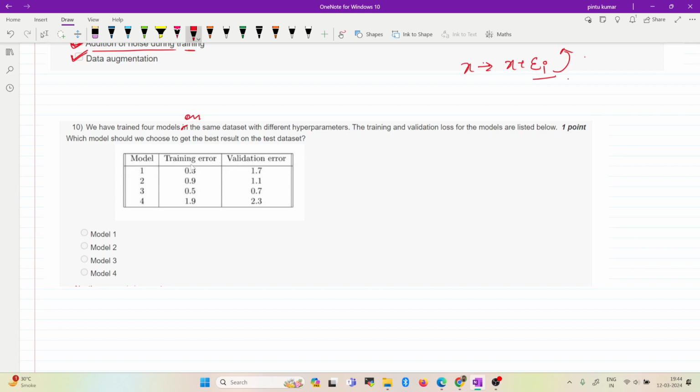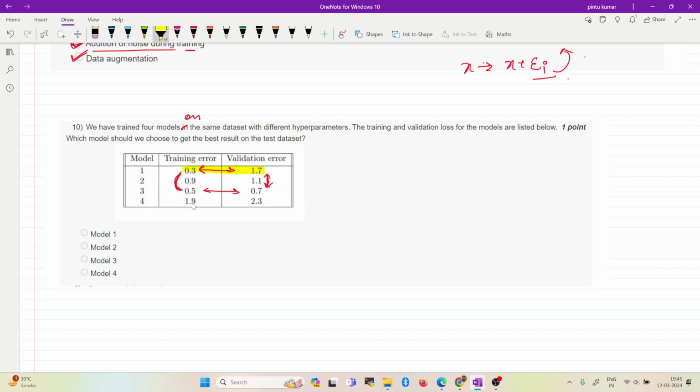If we look, this one has the least training error, and this one has the least validation error. These two values are quite close to each other, 0.3 and 0.5, whereas 1.7 and 0.7 are very far from each other. So we can say that the model has overfitted for this 0.3 case because the validation error has become very large.